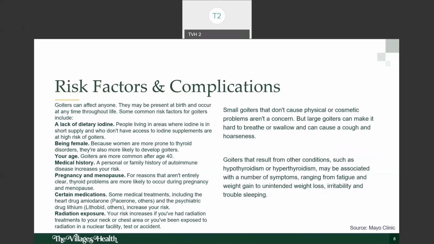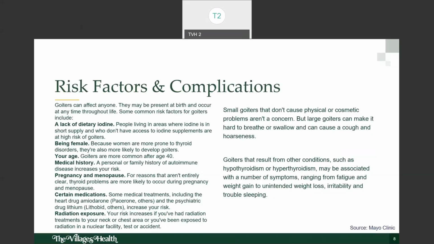There are certain medications as well that can put you at a higher risk. So some medications like heart drugs, specifically we have noted here amiodarone, or Pacerone is the brand name, and the psychiatric medication lithium can put you at a higher risk. So if you're on these medications, your doctor is going to be monitoring a bit more closely to make sure that they're not noticing any enlargement with your thyroid.